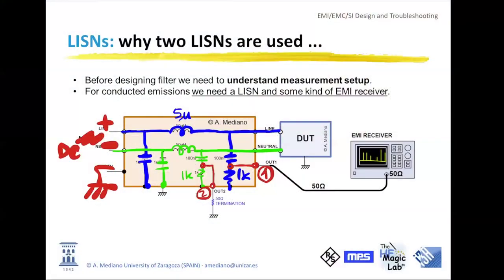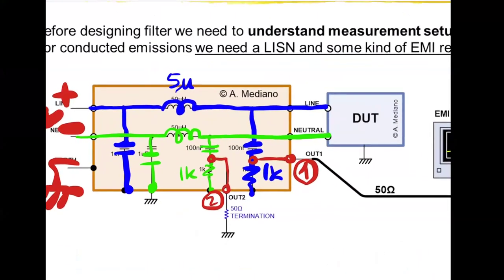Okay, so what happened inside of the LISN? Inside of the LISN, you are receiving differential mode noise in this direction. So the differential mode noise, when arriving to this point, takes the decision to go through the capacitor, which has a lower impedance than the 5 microhenries inductor, goes through the capacitor that is close to a short circuit and goes to your 50 ohms resistor.